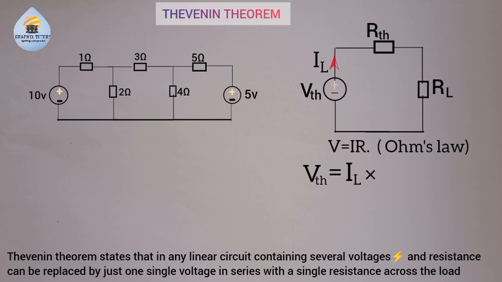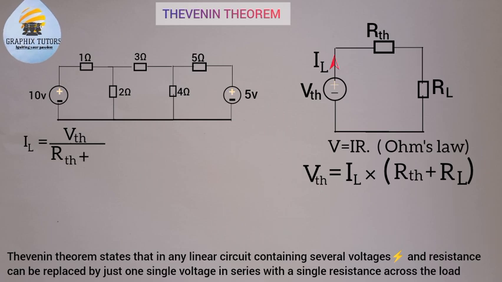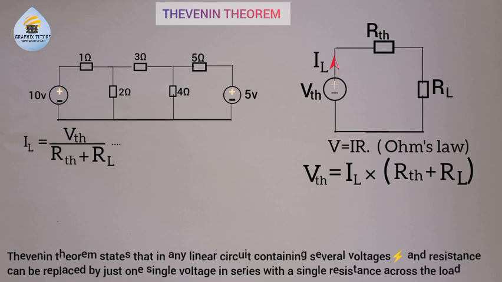Look, the resistors in series here are our R Thevenin and the R load that we are considering. So if I make IL the subject of the formula, the current passing through the load is equal to the Thevenin voltage over the Thevenin resistance plus RL. This is what we want to use to analyze that circuit.